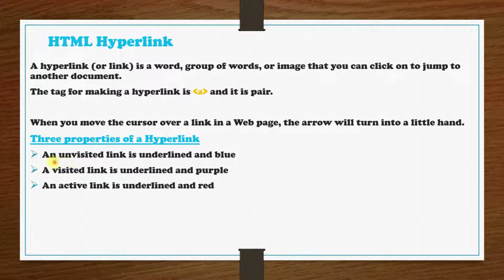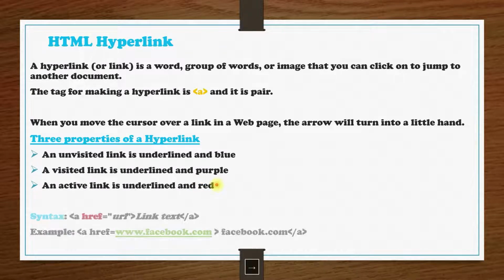When we start working on the example, I will show you when the hyperlink that we make in our web page is blue, when it is purple, and I will show you when it is going to change to red.